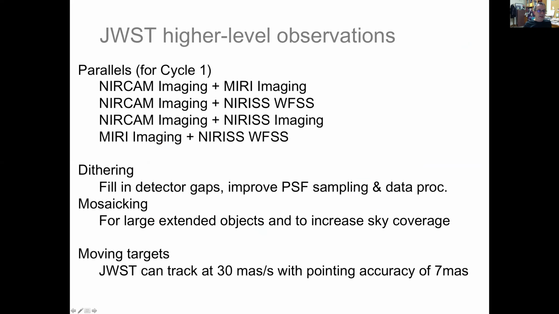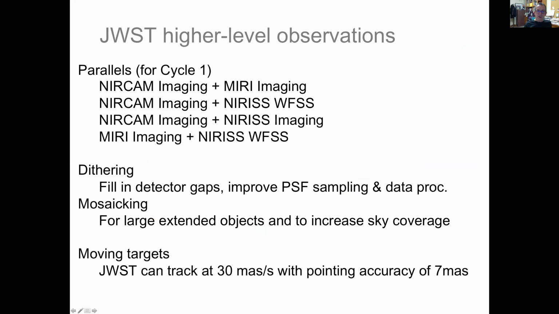And finally, and this is very relevant for solar system science, we can do moving targets. So JWST can track objects that have this kind of movement in the sky, 30 milliarcseconds per second, and it will do that with this accuracy.